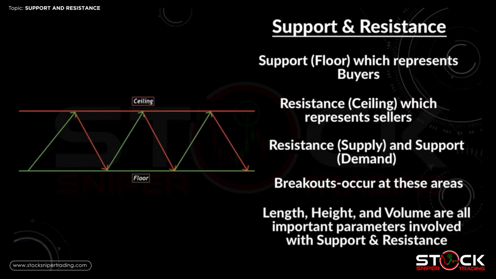Support is a barrier or a floor at which demand of buyers is strong enough to keep the price of a security from falling any further. This means that the price is more likely to bounce off this support level rather than break through it. However, if this support level is broken, the price will continue to fall until it finds another previous support level.